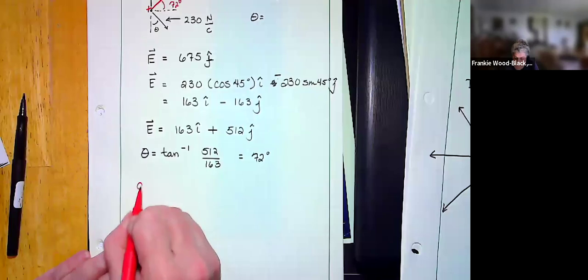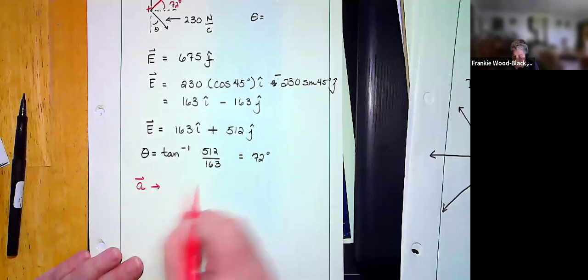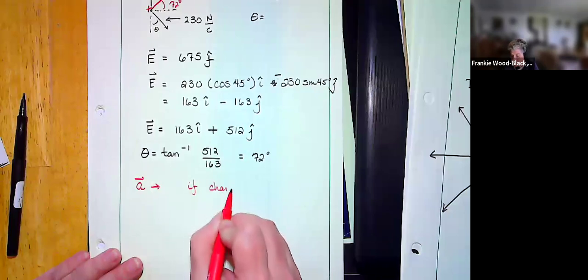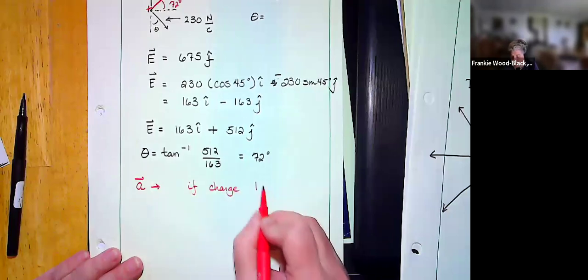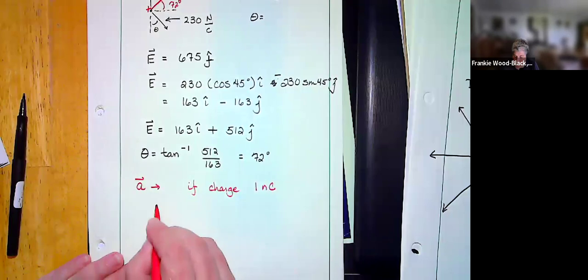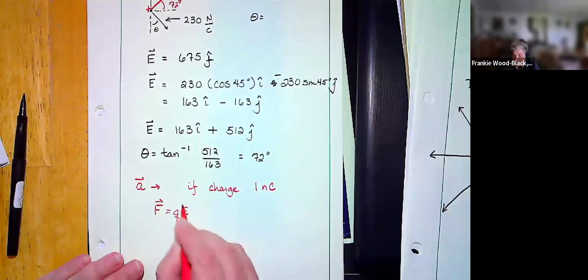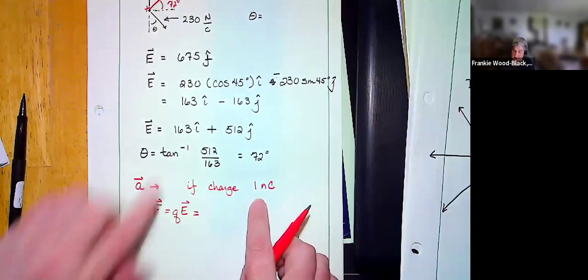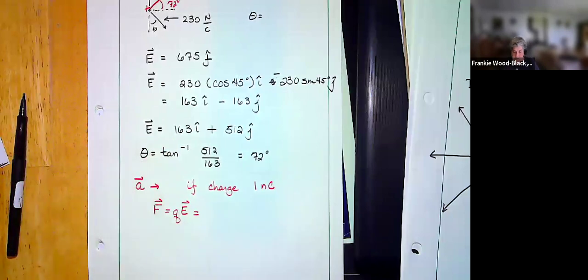Let's calculate the acceleration if our charge is a 1 nanocoulomb charge. All right, well, first of all, the force that's going to be there is going to be our charge times our electric field. So we can actually calculate that. So I'm going to have my 163 times 1.